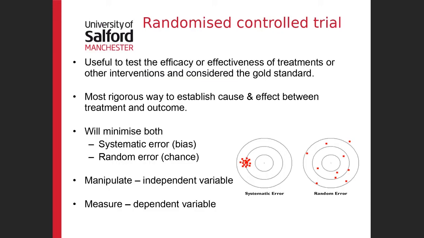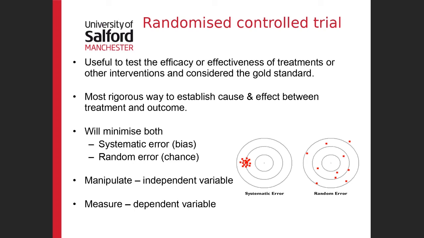So I've spoken quite a lot through the lecture about a randomized control trial. And obviously these are used to test efficacy or effectiveness of treatments, and it's considered to be the gold standard, the most rigorous way to test cause and effect between treatment and outcome. And it's the best way to avoid all the sort of biases and the potential impact of confounding factors that I've spoken about in the last few slides.